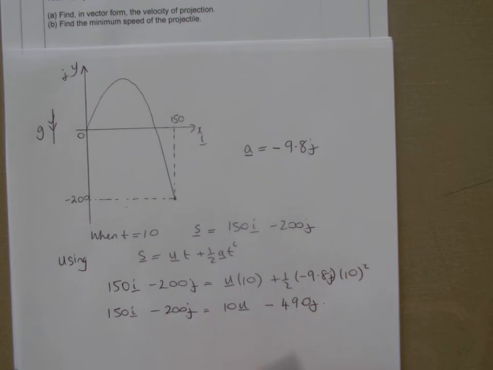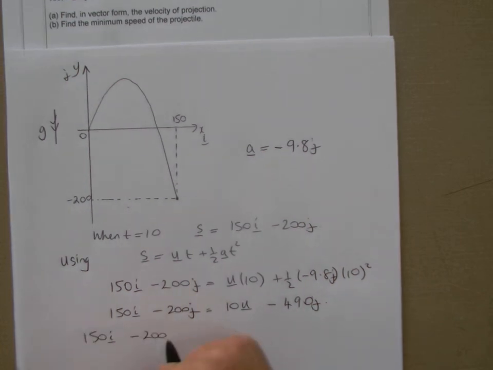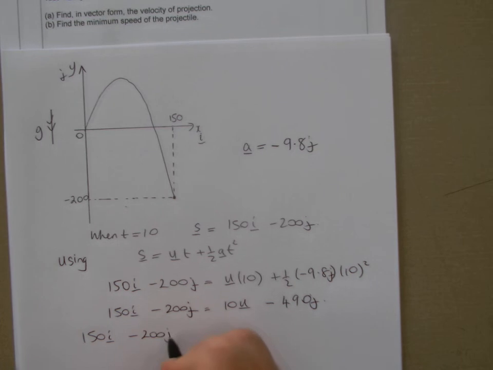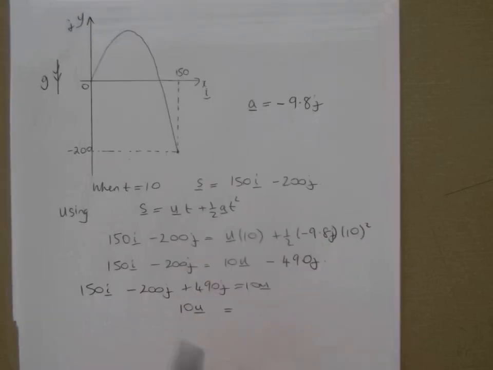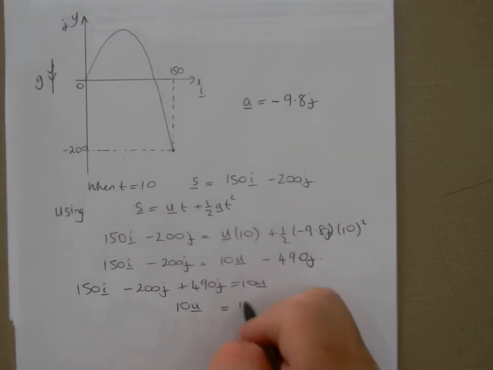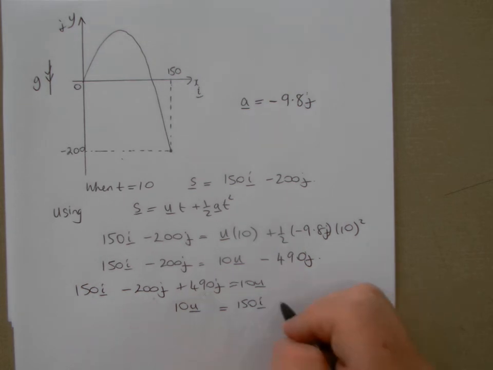So if I take minus 490j over the other side, it becomes a plus 490j. So I get 10u equals, if I put these together, 150i and minus 200 plus 490 is 290j. So that's what 10u is.